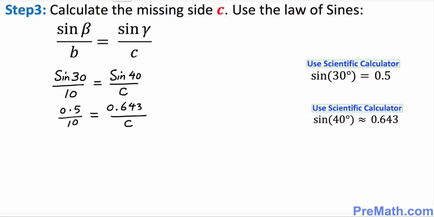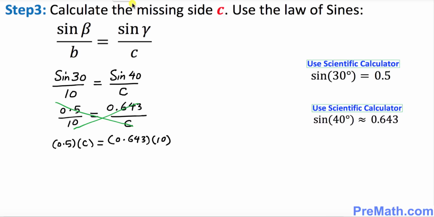Now in order to solve for C, we're going to cross multiply. That gives you 0.5 times C equals 0.643 times 10.